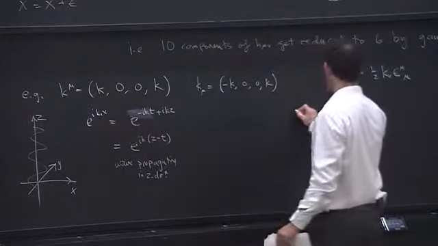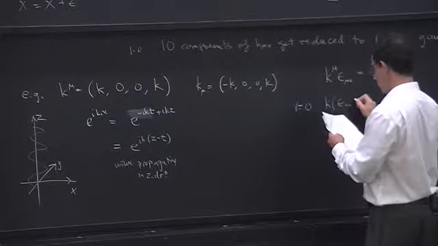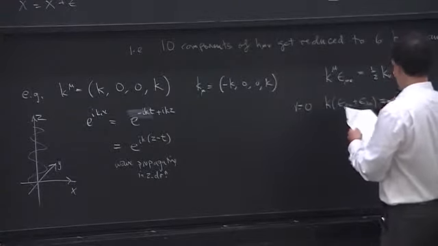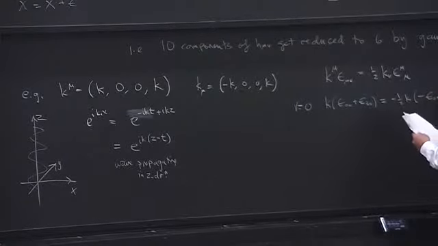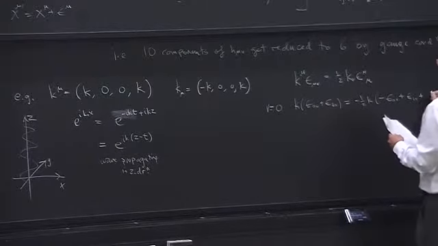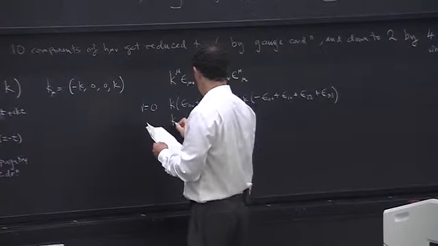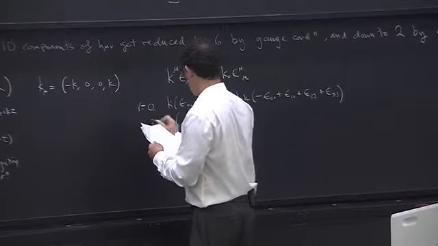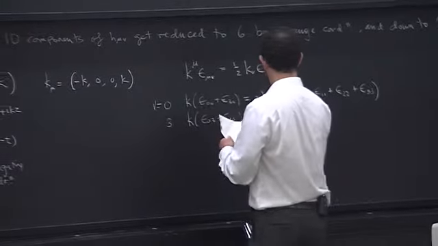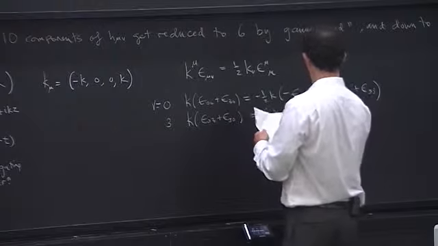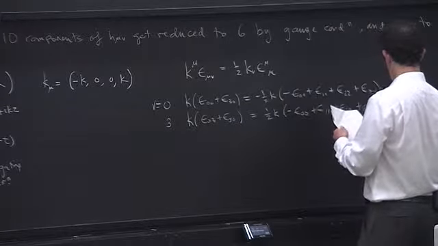So for nu equals 0, we have k times (epsilon 0,0 plus epsilon 3,0) equals minus 1/2 k times the trace of epsilon, which has a minus sign in the 0,0 component, plus epsilon 1,1 plus epsilon 2,2 plus epsilon 3,3. Then nu equals 3: k times (epsilon 0,3 plus epsilon 3,3) equals plus a half k times (minus epsilon 0,0 plus epsilon 1,1 plus epsilon 2,2 plus epsilon 3,3).